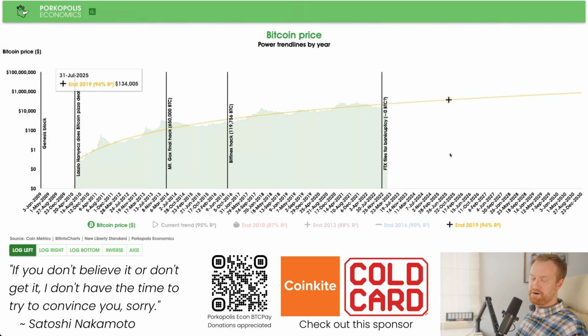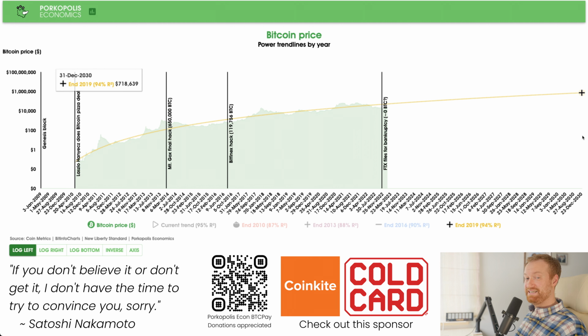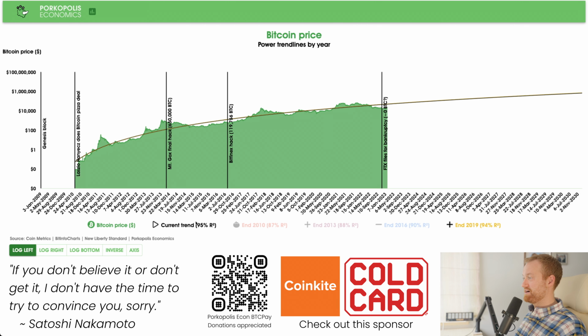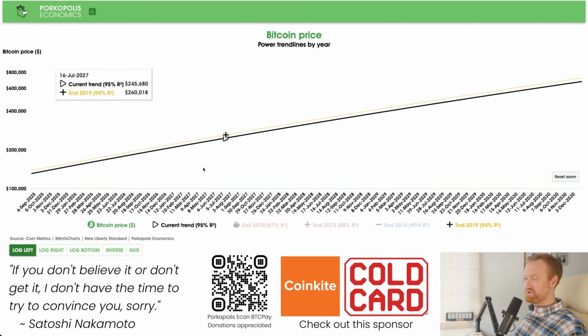Let's quickly predict out. Again, prediction is a loose term here. Let's go out to December 31st, 2030. $718,000 Bitcoin with the cumulative year-end 2019 trend. Again, let's put the current trend back on. Very, very close. Even though you can't zoom in, you can't really quite see the differences on log scale. They are significant, surely, but you can't even quite make them out on log scale.